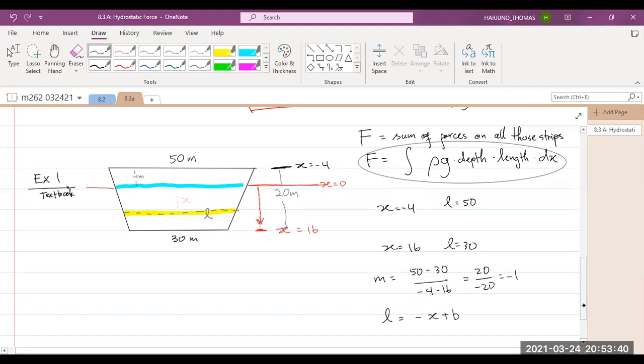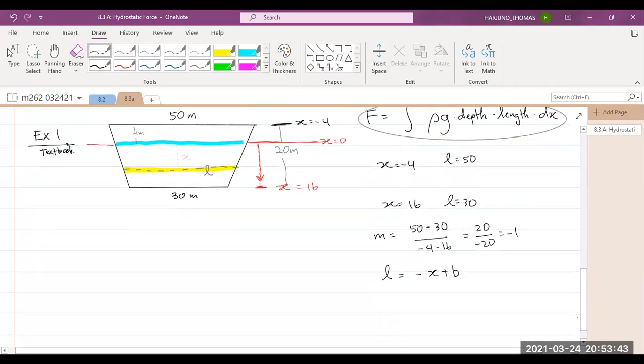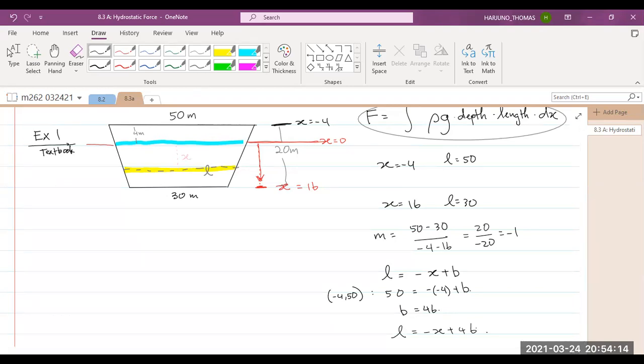Let me use the coordinate negative 4, 50: 50 equals negative of negative 4 plus b. So b equals 46. So the length is equal to negative x plus 46. Once we know how deep we are, we know the length of that strip. Can you follow me?